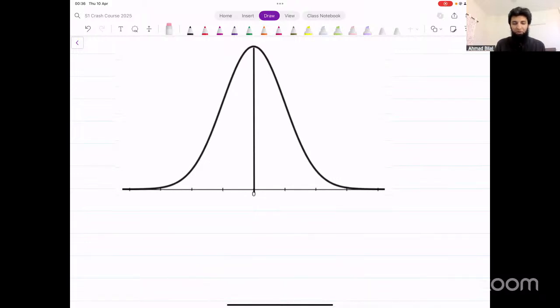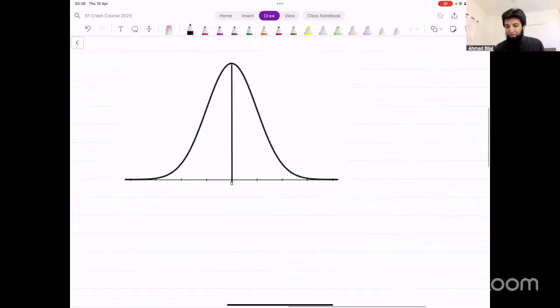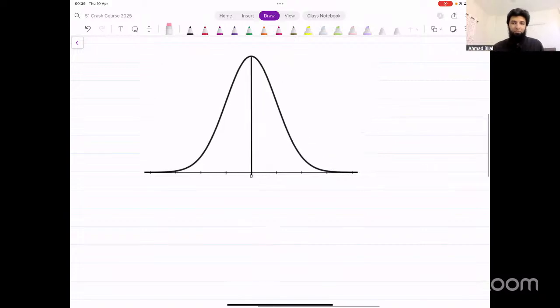That assumption is wrong, because it looks like it's meeting the x-axis. In actual, this normal distribution is basically making an asymptote here. So it keeps going on like this on the right side and on the left side. It's not meeting the x-axis. It's like a zoomed out version. If you zoom in, then it makes an asymptote. Okay, so it goes towards positive infinity and negative infinity. That's the first problem.